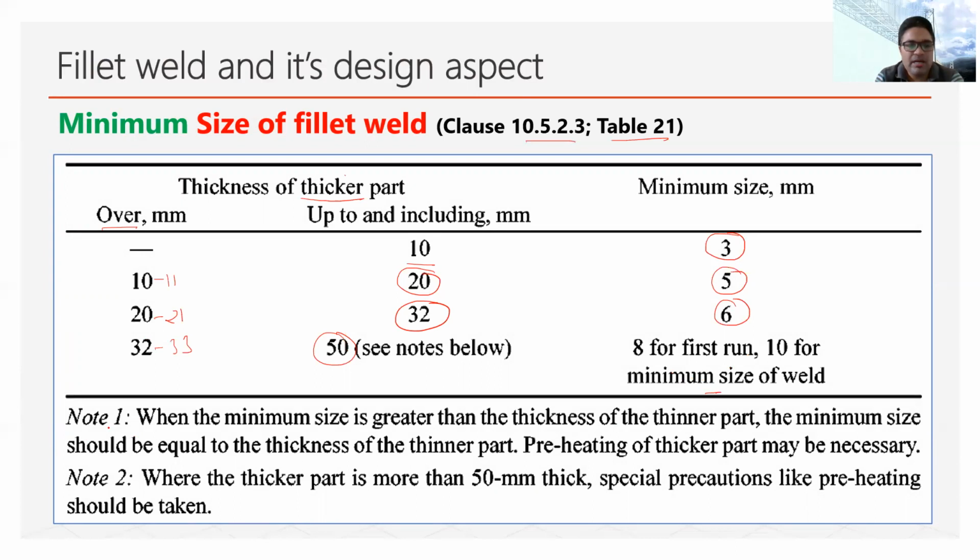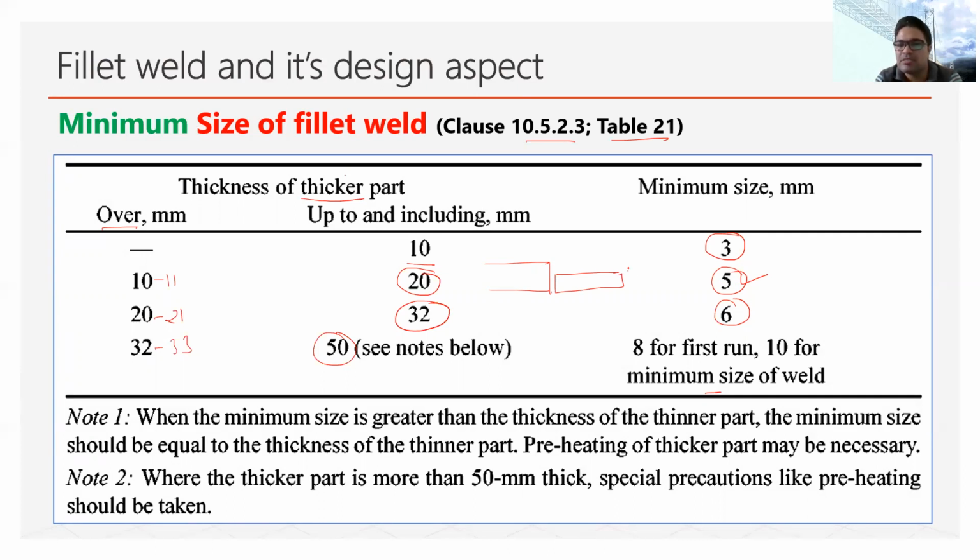Then there are two notes: when the minimum size is greater than the thickness of the thinner part. We are seeing that these are the minimum size of weld, like 5 mm, 3 mm, 6 mm. If we have to join two plates of different thickness, say for example one is 4 mm and the other is 12 mm, then how do we take the size of weld in this scenario?